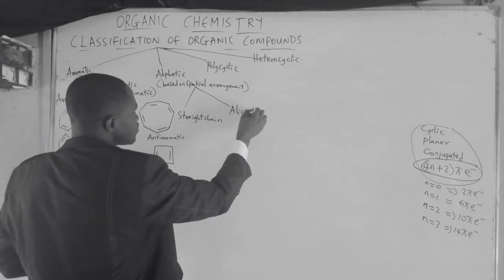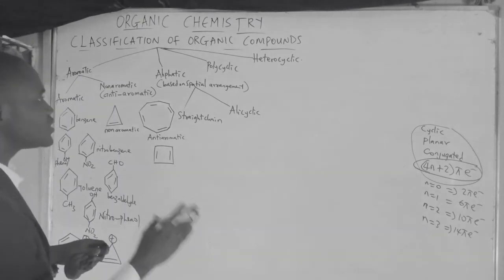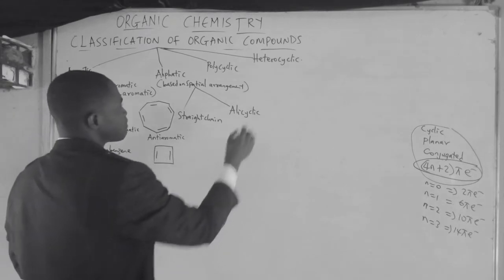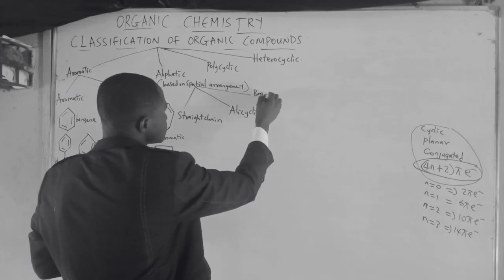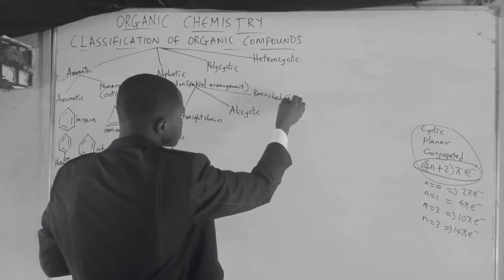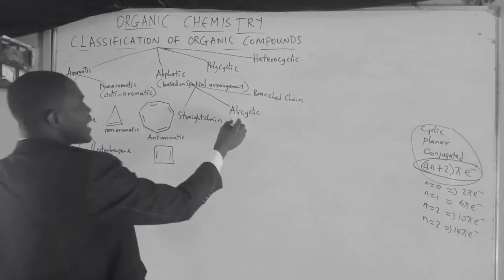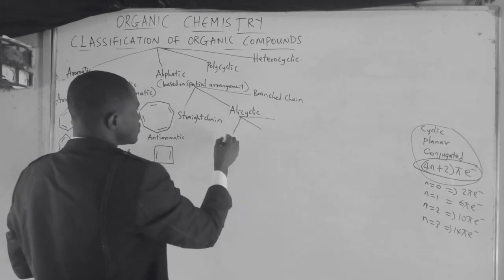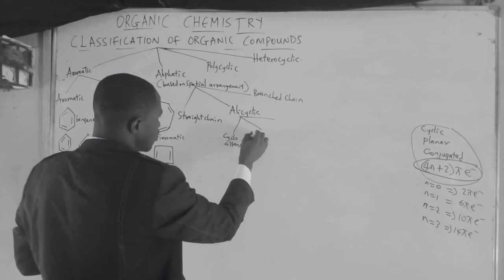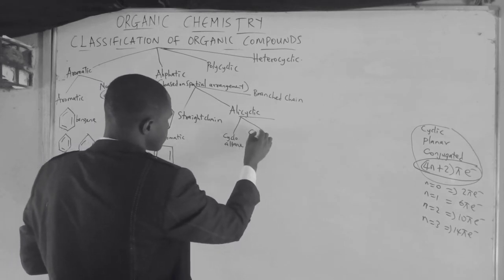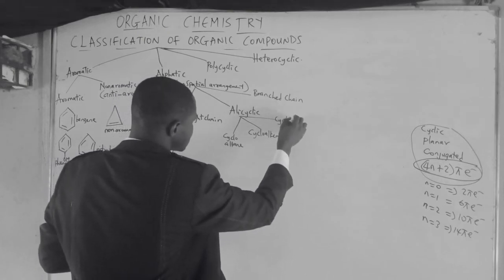Alicyclic simply means a combination of aliphatic straight chain or branching with cyclic aspect. Then we also have branch chain. So under alicyclic we have cycloalkanes, cycloalkenes, cycloalkynes.